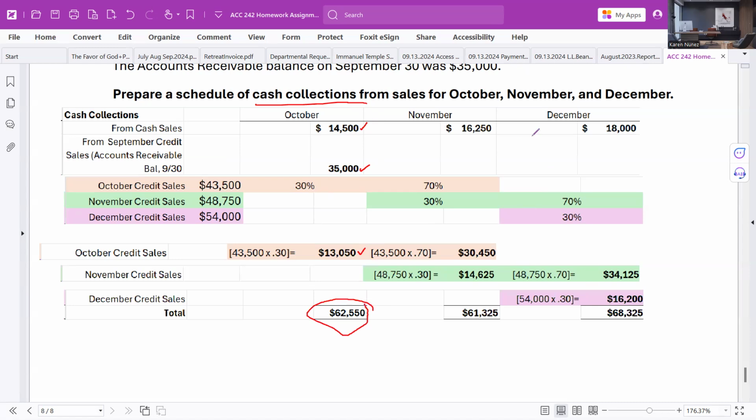And in November, we're collecting on cash sales, and we're collecting on 70% from those October sales and 30% from November sales. That's our total in the month of November. And then in December, we're collecting on cash sales again and 70% from the last month, 30% from the current month. Altogether, that's $68,325.